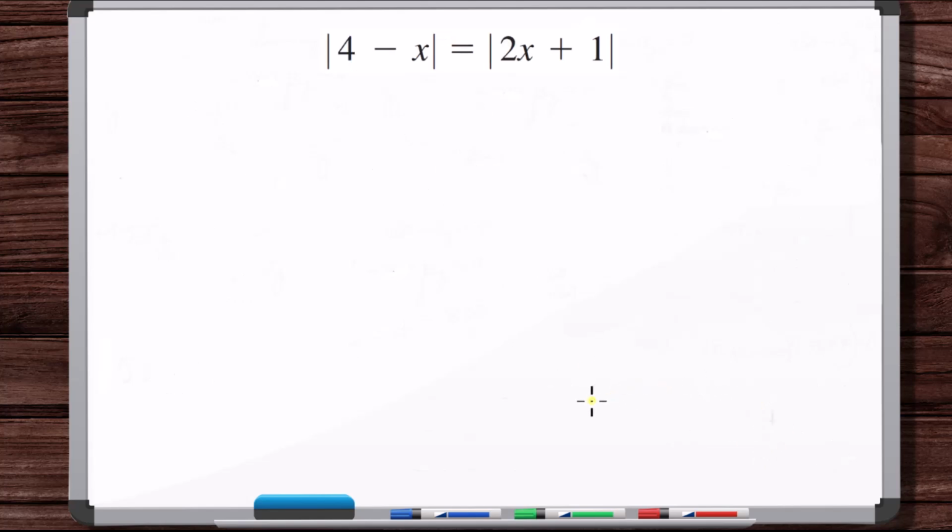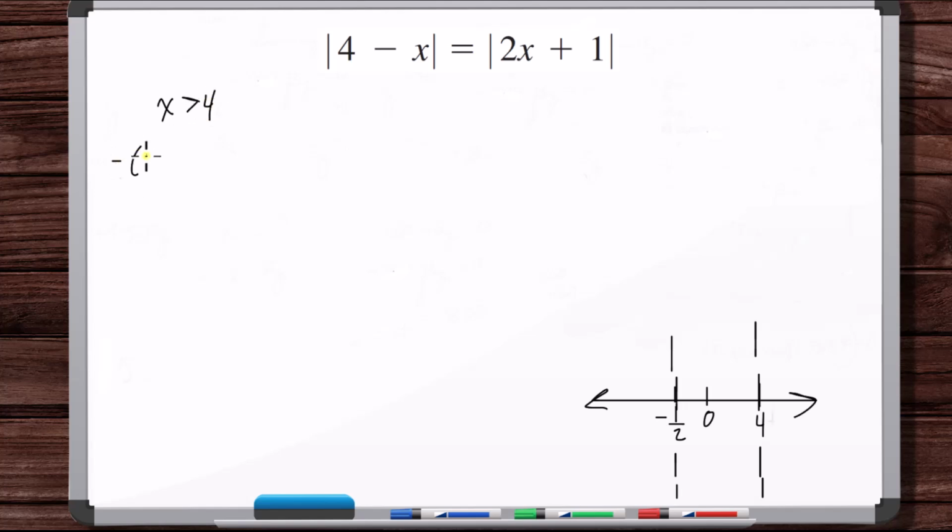Okay, same process here. We've got x is equal to 4 and x is equal to minus 1/2. We can start with, if x is greater than 4, this is always going to be negative and this is always positive.